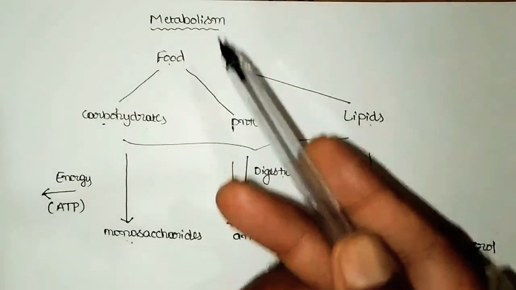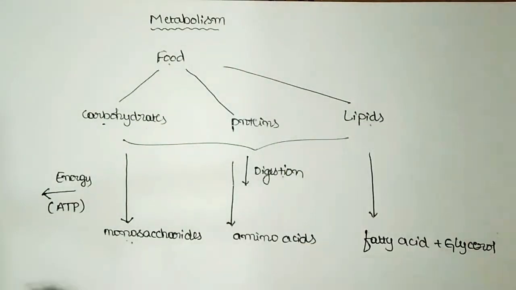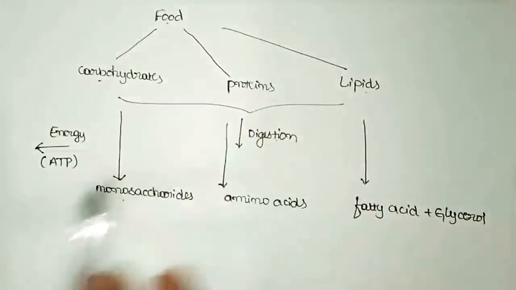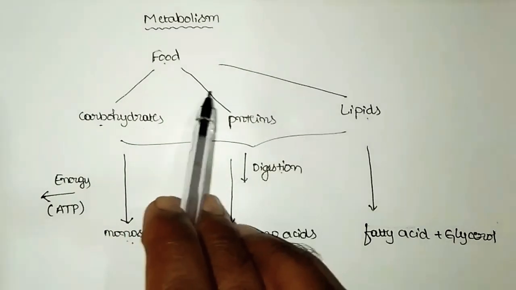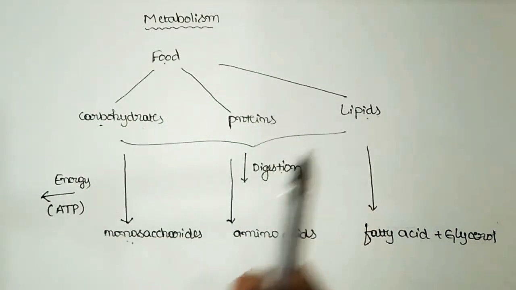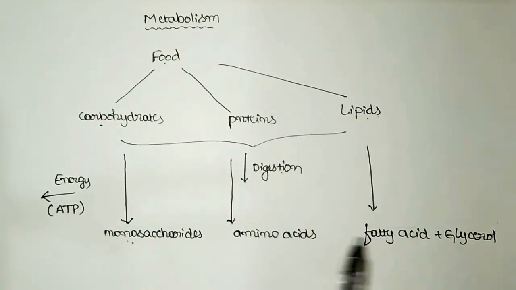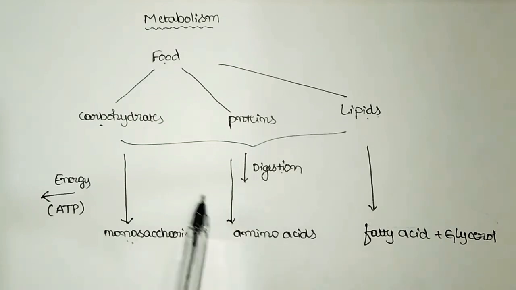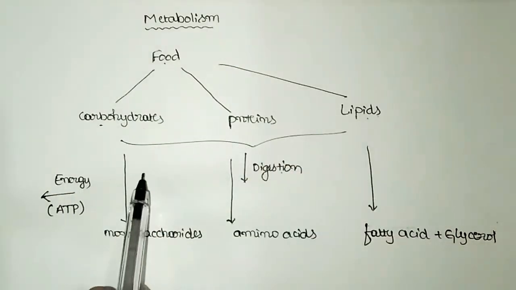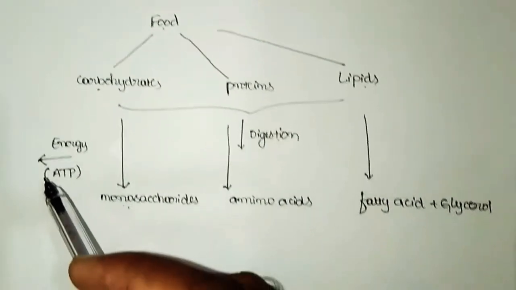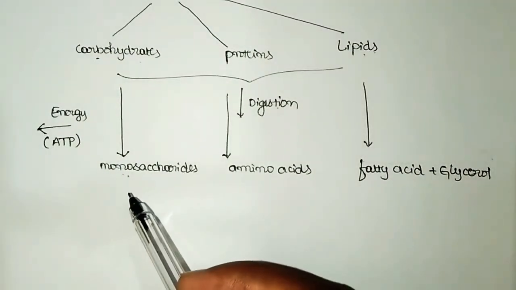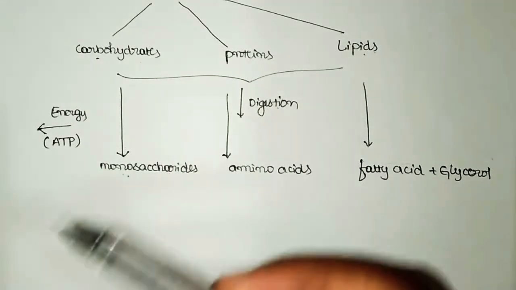Different carbohydrate, different protein and different lipid materials will be produced. It's a continuous process. That is, the complex nutrient molecules give simpler units, and in the body the simpler units once again convert back into complex nutrient molecules, and all these conversions are catalyzed by specific enzymes present in our body.